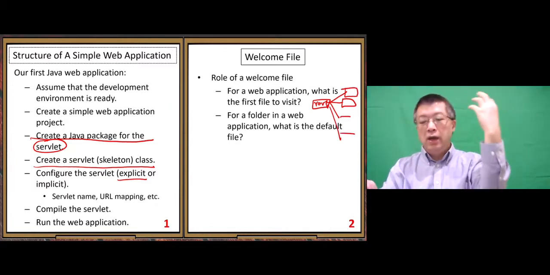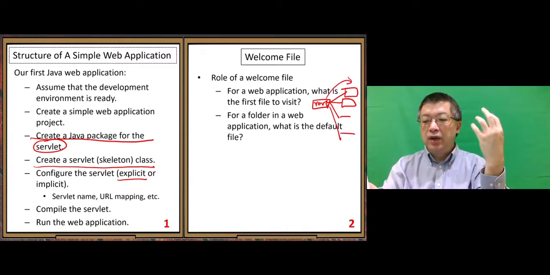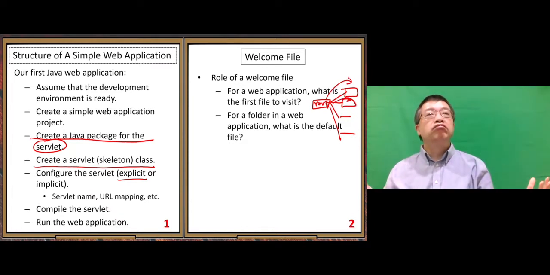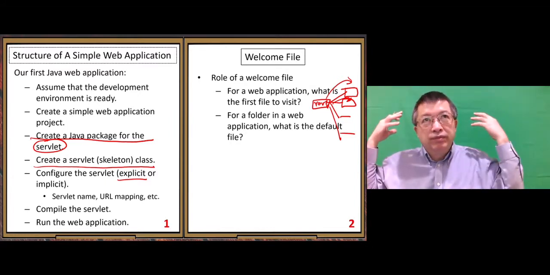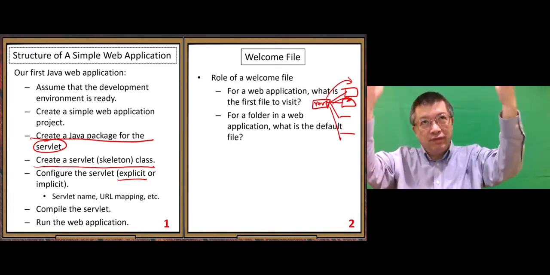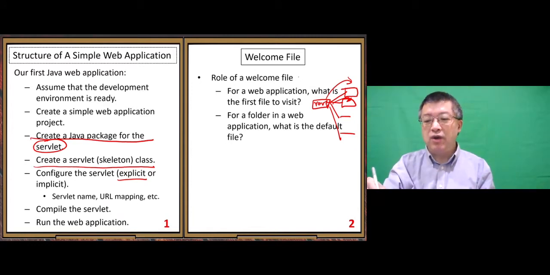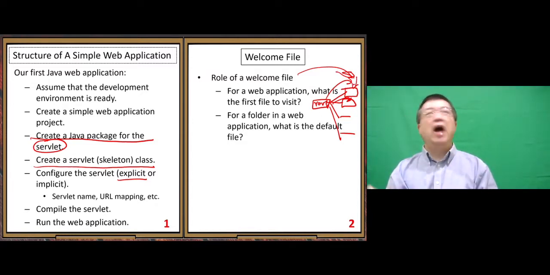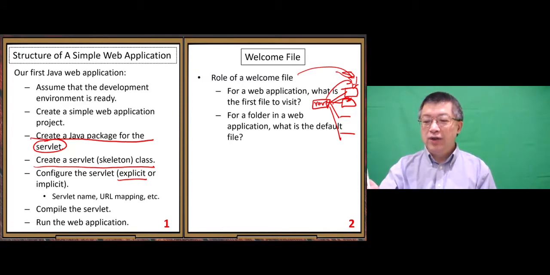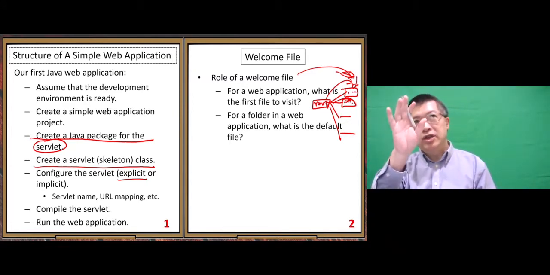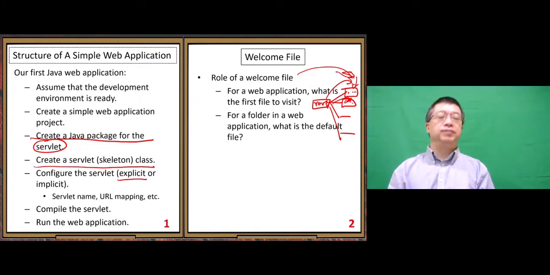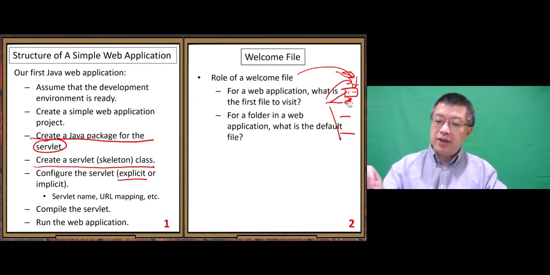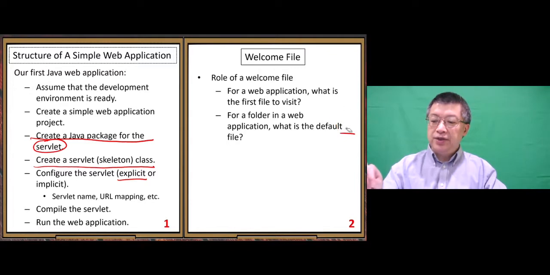When you go to each subdirectory, which file should you bring up to send to your user? Those files are also welcome files, with respect to the individual subfolder. The idea is the same. So for each one, you can put some welcome file. So these are the two cases.